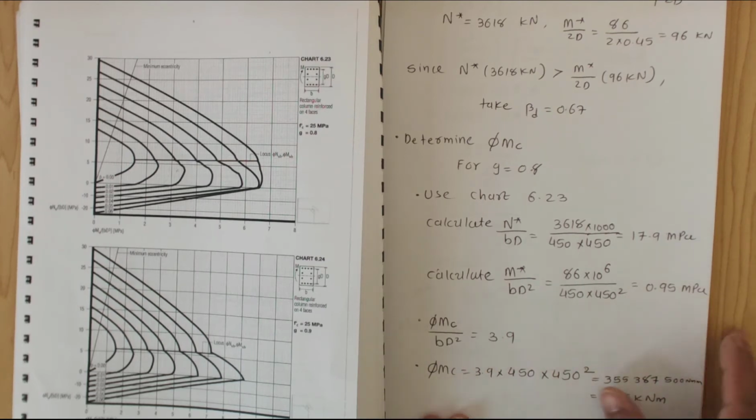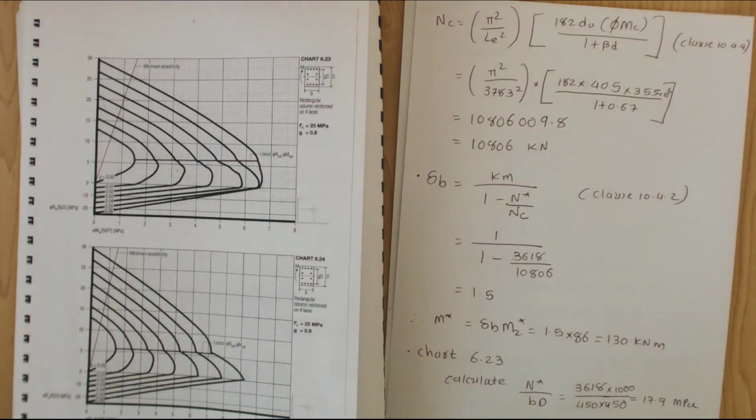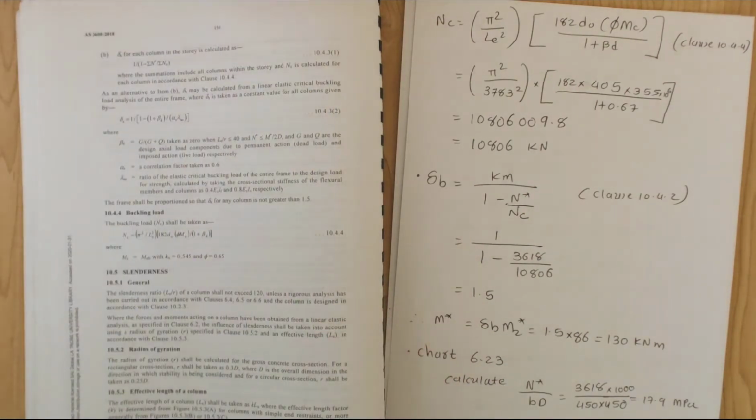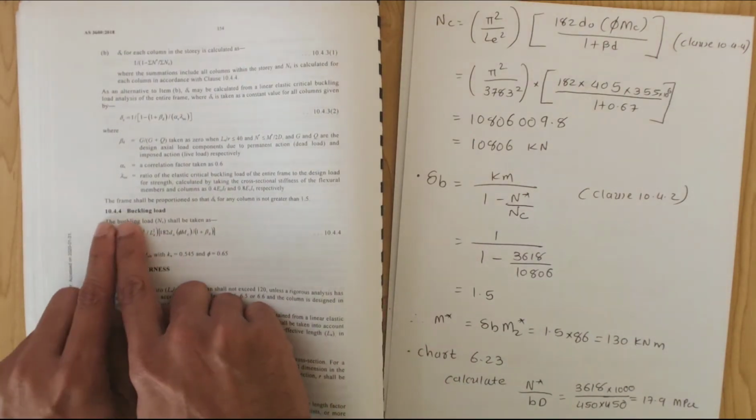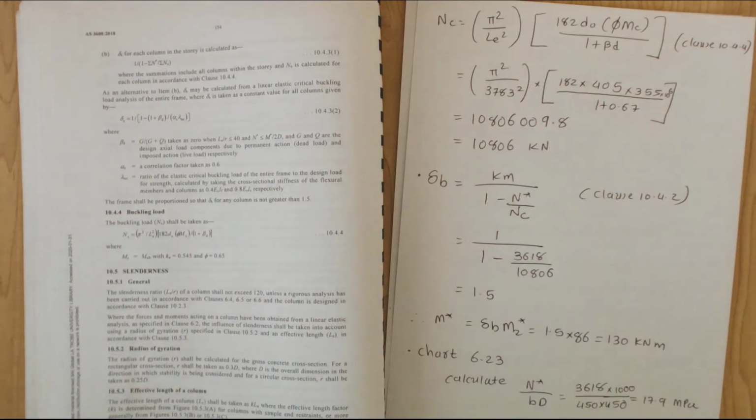So now we have all the parameters to calculate this buckling load. The equation of the buckling load is written here, clause 10.4.4: π² over Le, the effective length. I think in our last video we calculated the effective length. Let me show you that effective length calculation.